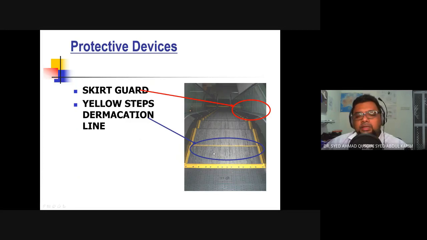And then we have this yellow demarcation line to assist users to stand within the boundary of the line.